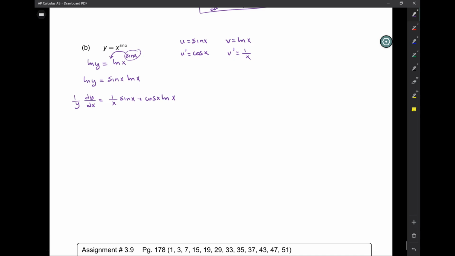Okay, can I simplify anything here? No, not really. Times what? Times y, and then replace. So you see, it's not that scary. dy dx is equal to 1 over x sine x plus ln of x cosine x times, what's y?